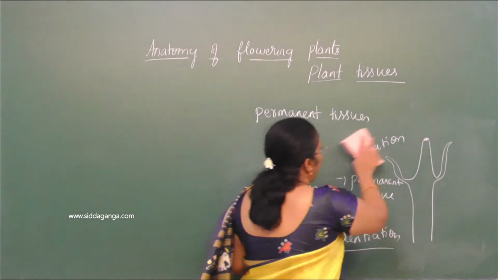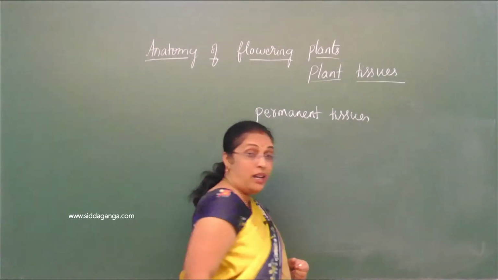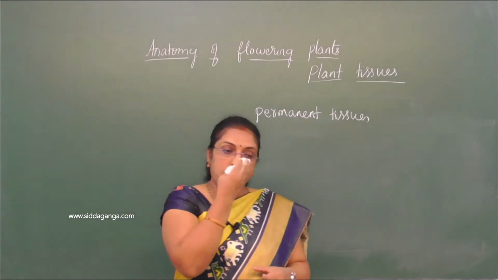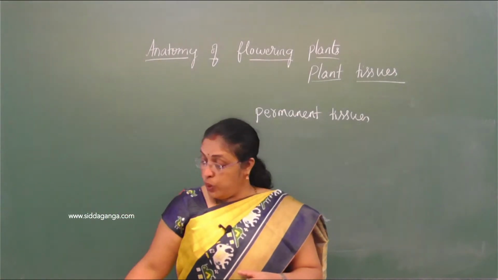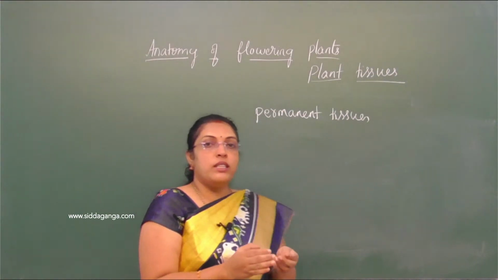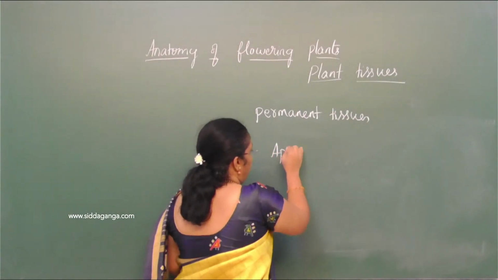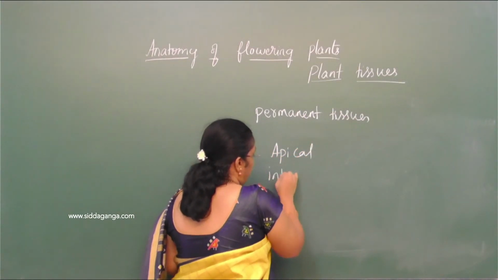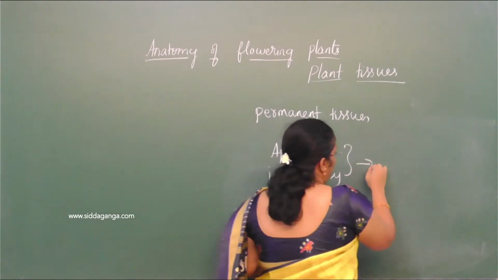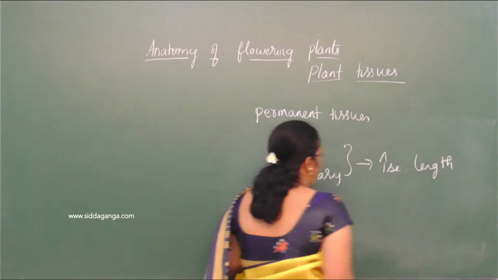Then based on location, we know that apical meristems, intercalary meristems and lateral meristems are there. Apical and intercalary meristems help to increase the length of a plant, whereas lateral meristems help to increase the girth or diameter of a plant.